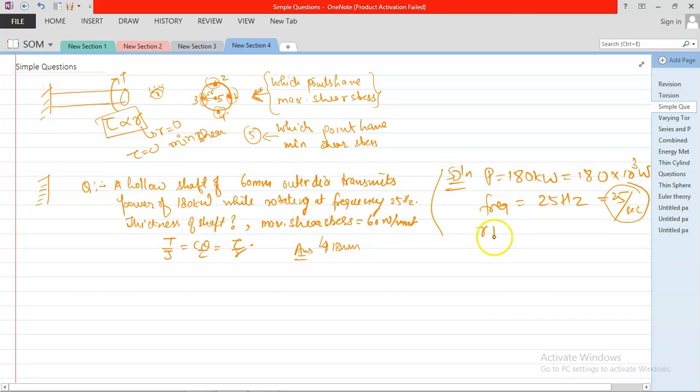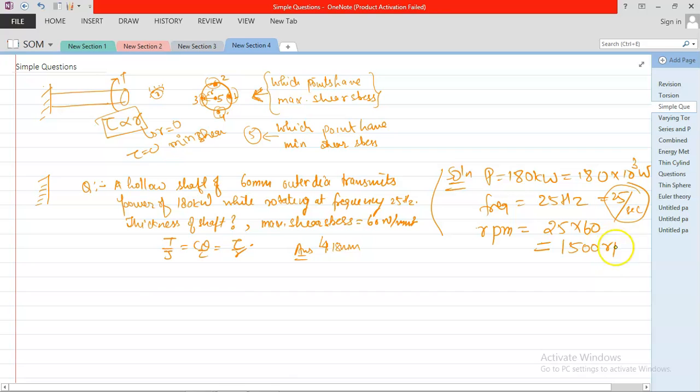So you can directly find RPM as 25 into 60, because in 1 second it is rotating 25 times. In 60 seconds, what is the value? It is 25 into 60, that is 1500 RPM.